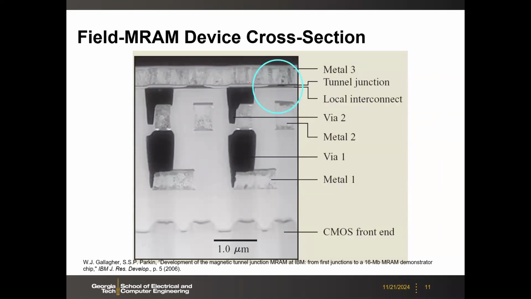I believe in the early 2000s, IBM spent a lot of effort to develop this field MRAM technology. There was a paper here from IBM. And here you see that at that time the CMOS is large. Here, this is the MTJ, and this is the write word line.